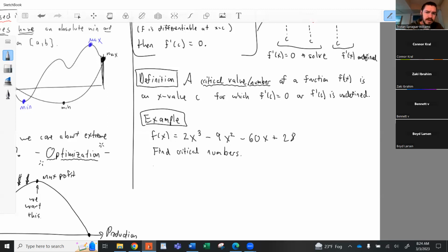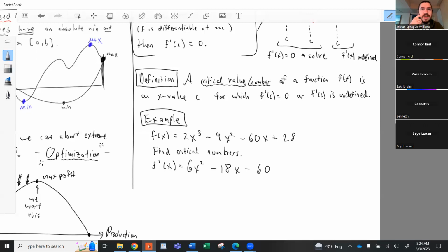To do this, we take a derivative. I'm going to assume that we're mostly comfortable at this point with the power rule. So I'm just going to go through this. It's a polynomial. So we just apply the sum and difference rules, the constant multiple rule, and the power rule. And we get the derivative of each term, right? So here we get 6x squared minus 9 times 2, 18x minus 60 plus 0.